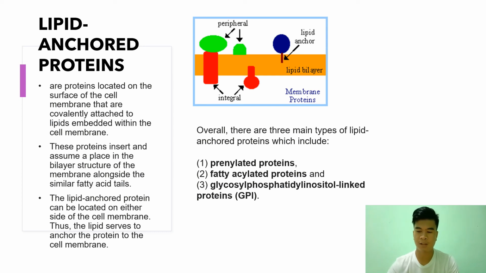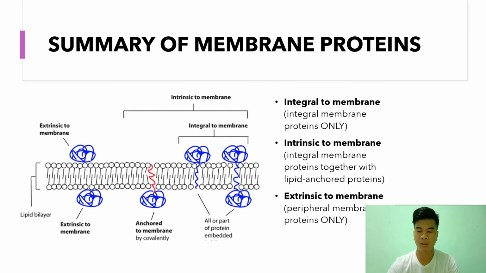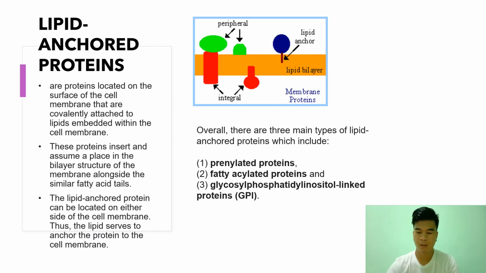The fatty acylated proteins are proteins that have been translationally modified to include the covalent attachment of fatty acids at certain amino acid residue. And the GPI proteins, it plays an important role in embryogenesis, development, neurogenesis, and the immune system and fertilization.